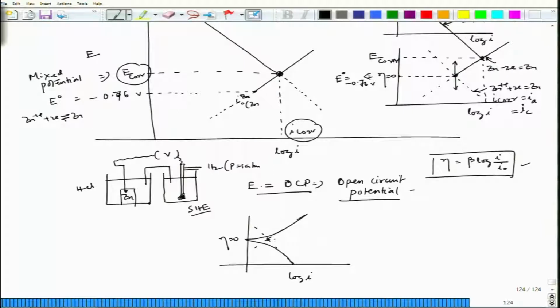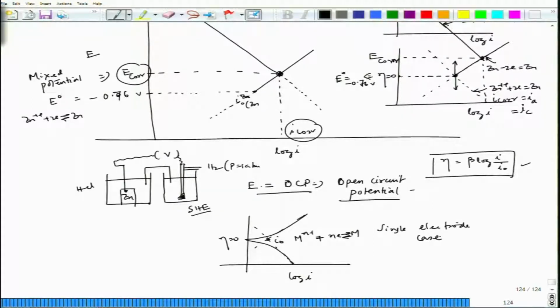So, this is my I 0, and when I 0 is achieved, there is no net current flow in the system. Similarly, here it is M n plus plus n e equal to M, as well as these forward and backward reactions. This is the non-corroding situation or single electrode case.